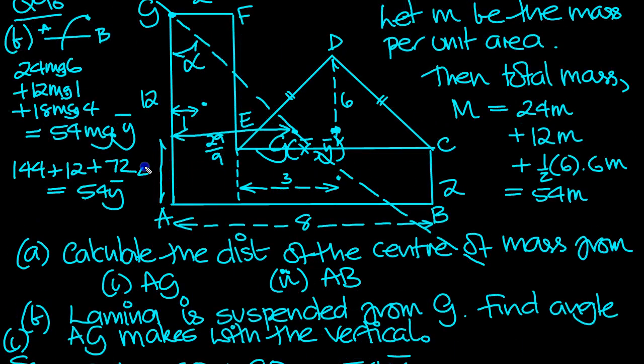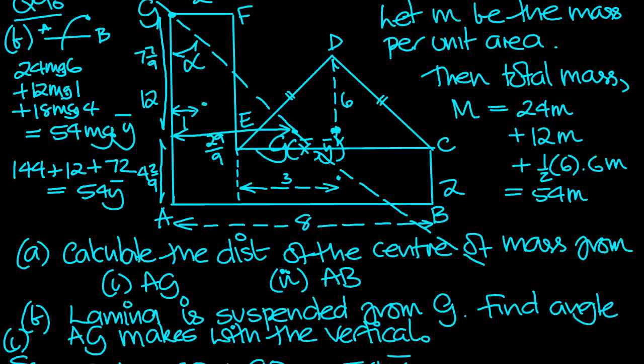Or 4 and 2 ninths. So this height here, which is what we want, we have to take 12 away from 4 and 2 ninths, which gives us 7 and 7 ninths.